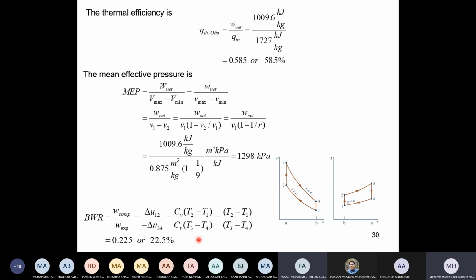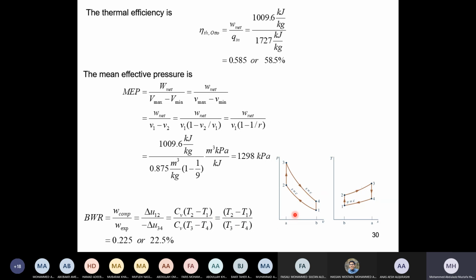So the idea there is that 6 over 1,000 is very small, right? So the pump takes very small work with respect to the turbine. This is in the previous chapter. But now in this chapter, the compression process takes 22%, let us say 25% approximately, of the turbine work. Remember this because I will ask you again next week, the same question again.